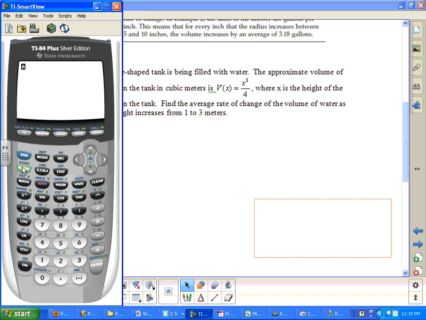We can use our fraction bar here to help us out. We're going to do from 1 to 3 meters. So we have 3 cubed divided by 4. Oh, except I don't want it there, do I? So be careful with that.